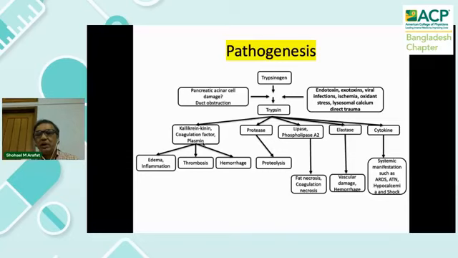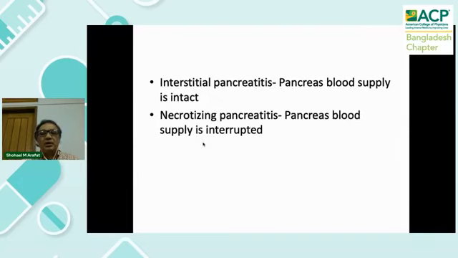Other cytokines cause systemic manifestations, as I said before: ARDS, acute tubular necrosis, hypoglycemia, and shock. So there are so many players involved in causing acute pancreatitis, from local to systemic complications.